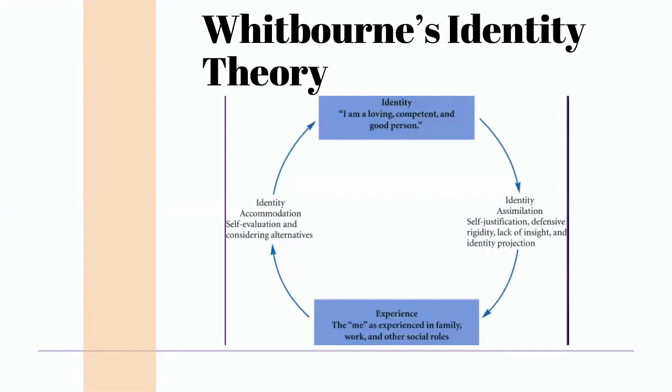Next is Whitbourne's identity theory. So this is a theory that says that a person has identity assimilation and identity accommodation based on the experiences they have. So let's say they identify themselves as being a loving, competent, and good person. So they're going to assimilate that in their day-to-day life. But let's say they experience something that challenges that identity that they have within themselves.